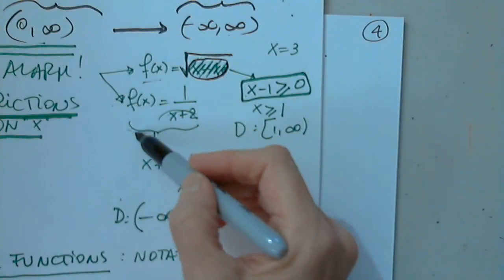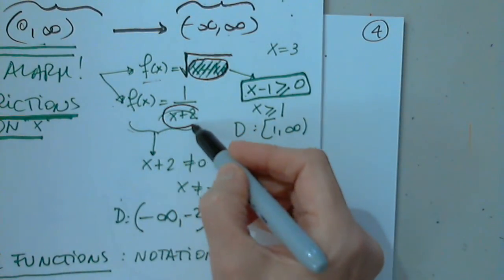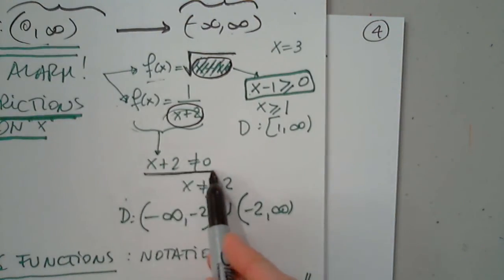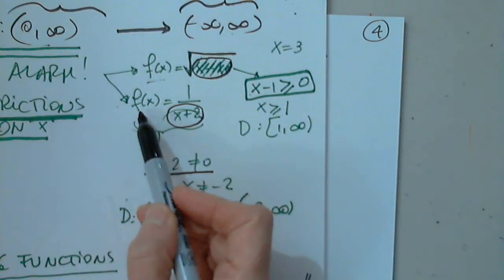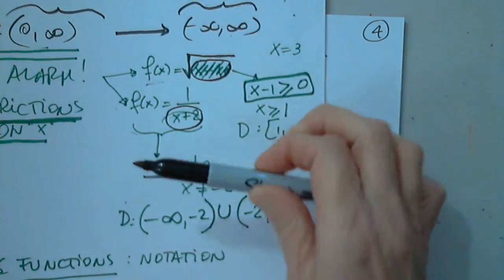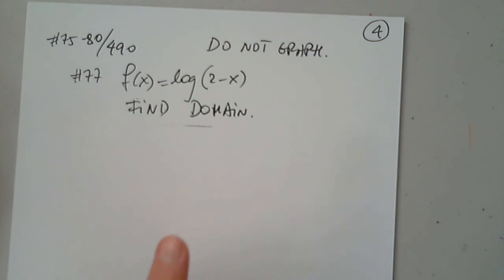For this function, we wrote that the denominator cannot be 0 for this function to exist. Similarly, we have to write something for this function. What will I write? Only if you tell me what you think, I can correct it. And that's fine.